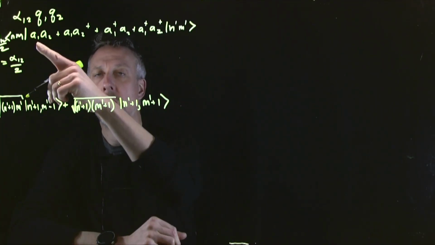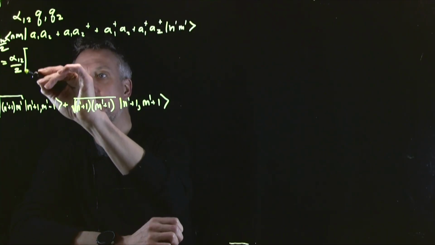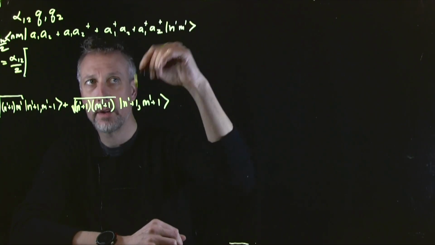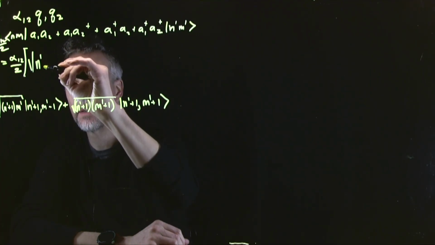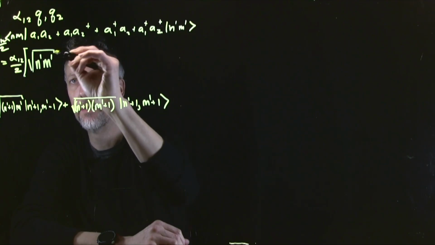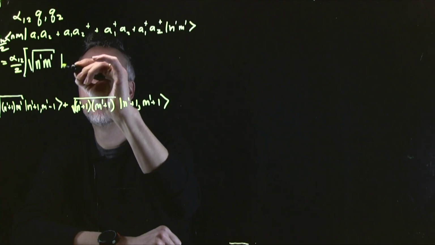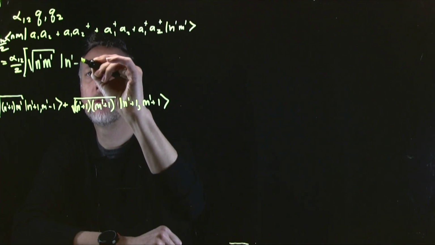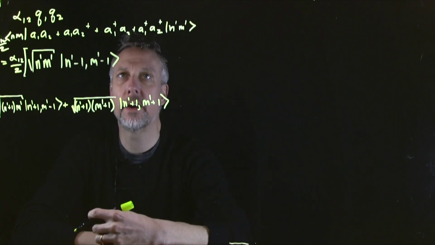All right. Then we have this one, which I'll just do the one on the left here. It's going to be both going down 1, and then both getting the square root of the higher state. So that's the square root of N' M', and then the vector part is N' minus 1, M' minus 1. All right, so that's the first one.